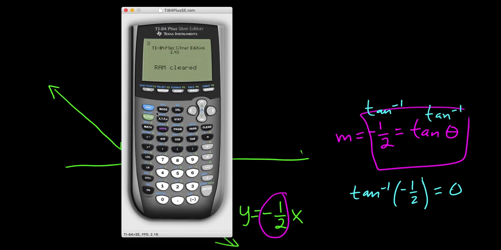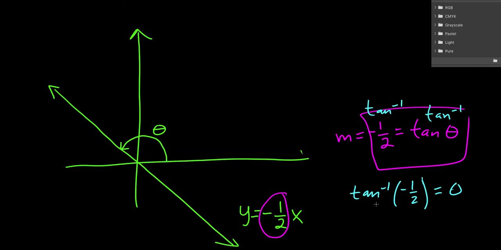We're in radians, the calculator is in radians, and we do tangent inverse of negative 1/2. We get negative 0.464.